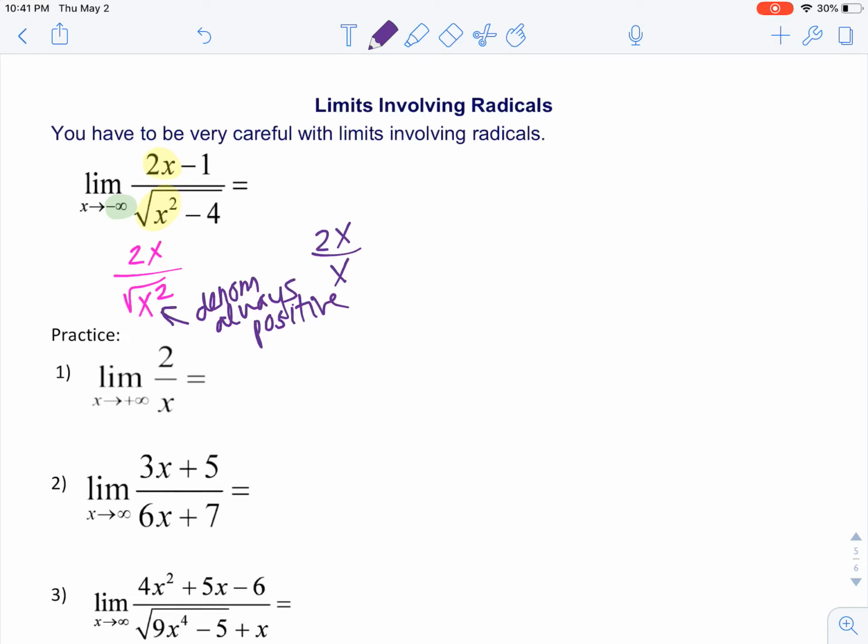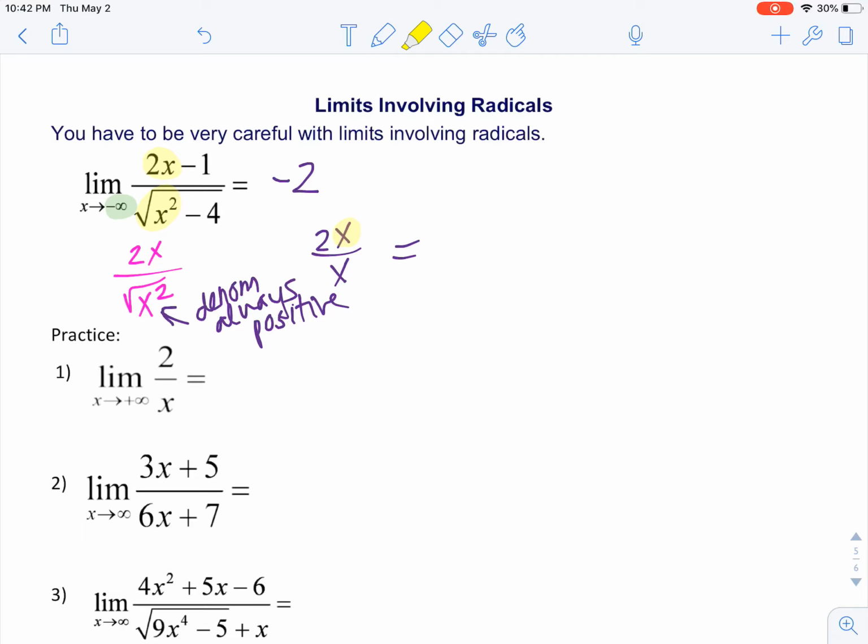So that simplifies to be negative 2. Now you would think, oh, it's going to be 2, but you're going to negative infinity.